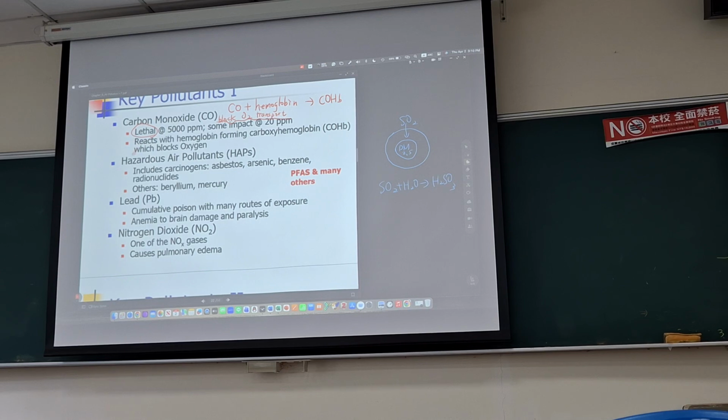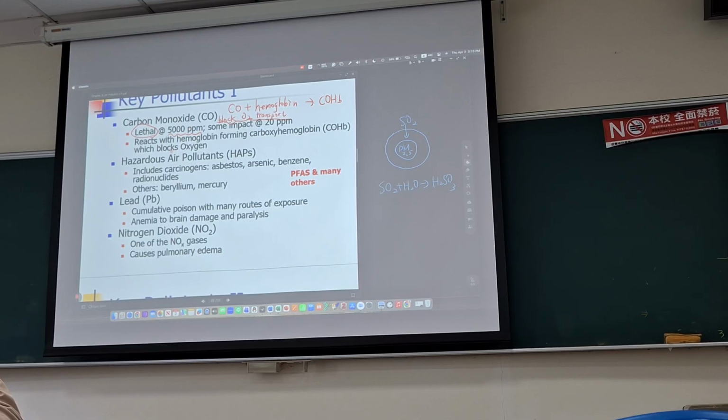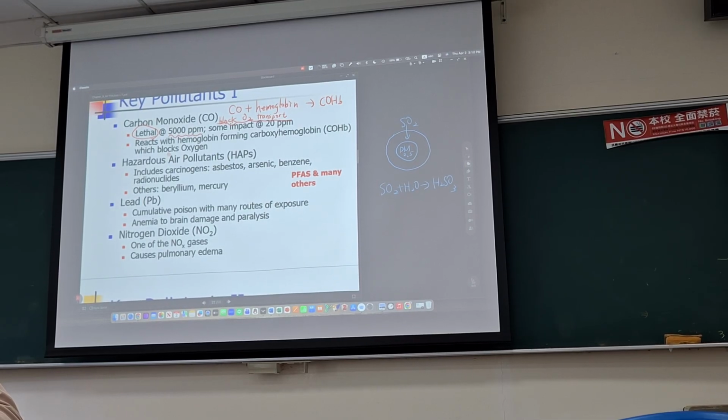Lethal means causing death. If there were 5,000 ppm of carbon monoxide in this classroom, all of us would die.